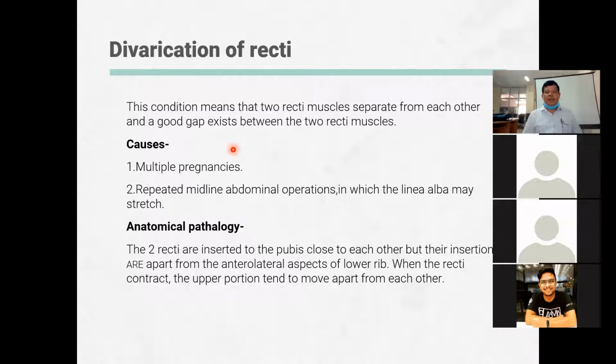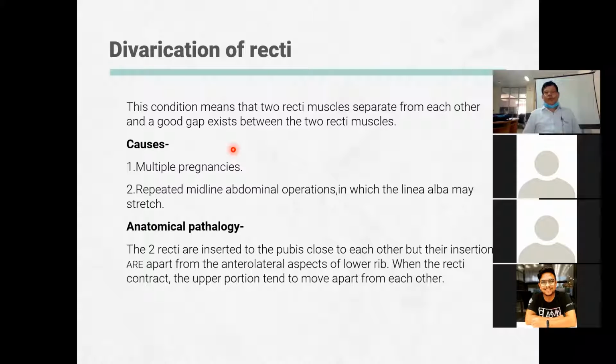The second is repeated midline abdominal operations, in which the linea alba is stretched as well as weakened. That causes separation of these two muscles.